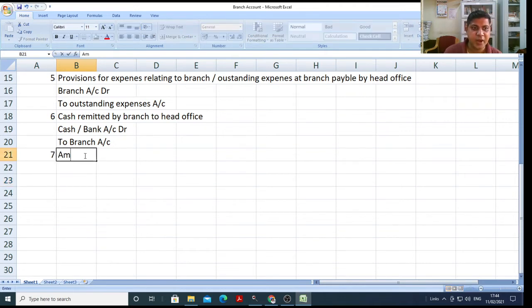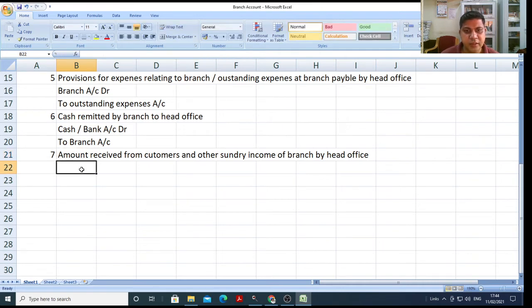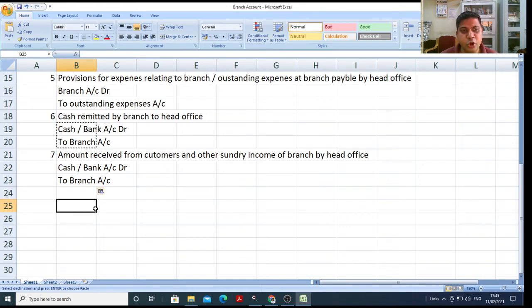Next, amount received from customers and other sundry income of branch by head office. The same entry is passed as in the sixth transaction: cash or bank account debit to branch account.